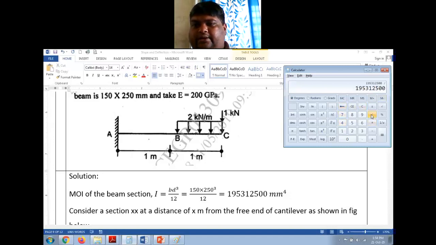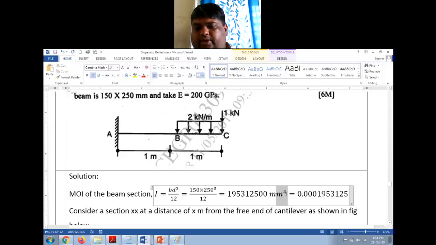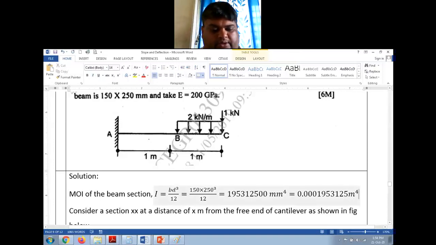So by 12, 10 raised to 12 equals, I better just copy this, which is equal to this, and the unit is meter raised to 4, right?